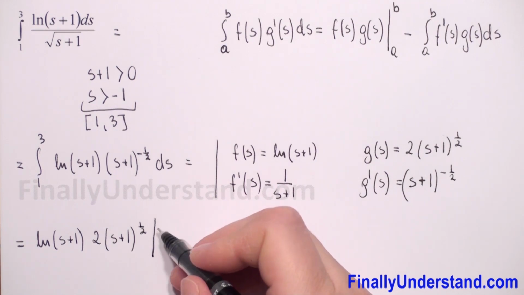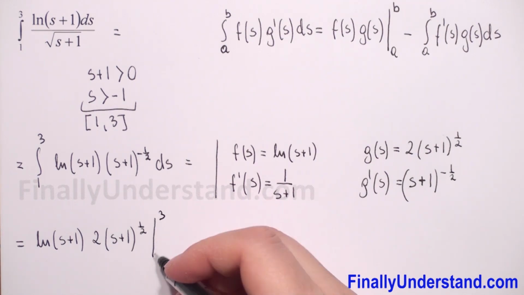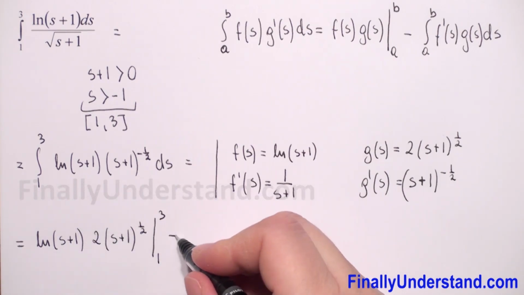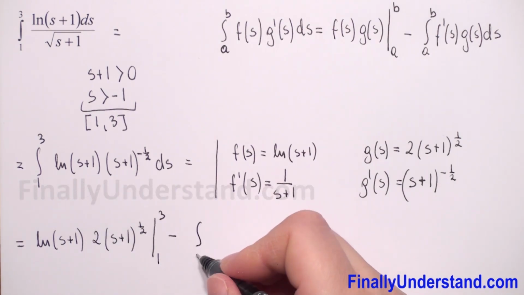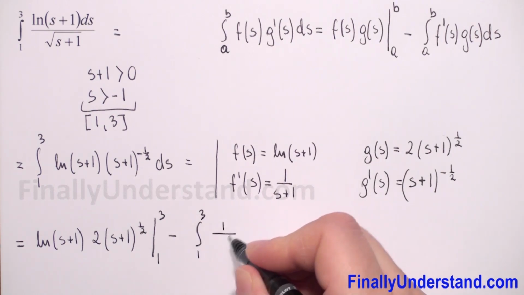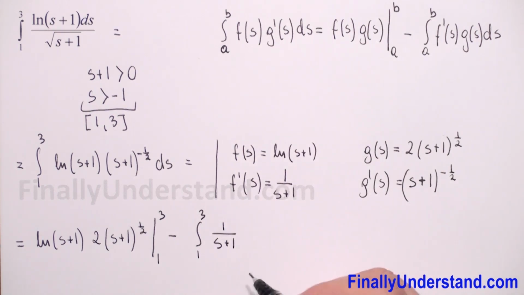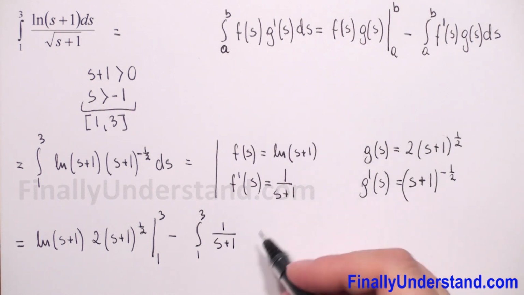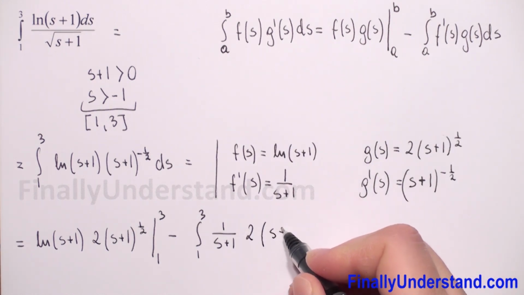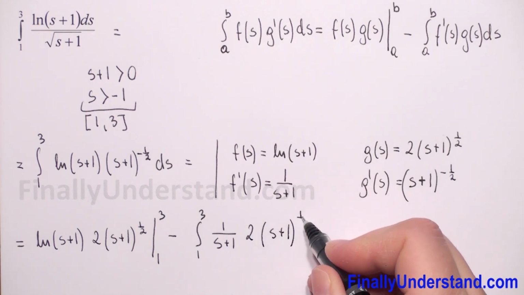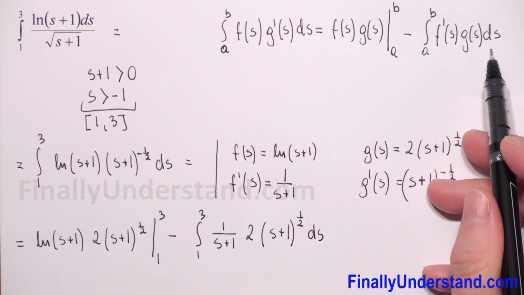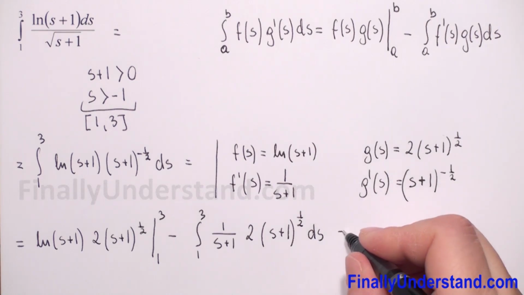On the top we have upper limit 3 and on the bottom we have lower limit 1. Minus definite integral from 1 to 3. F prime is equal to 1 over s plus 1 times g is equal to 2 times s plus 1 to power 1/2 with respect to s. We have integral. So this is equal.